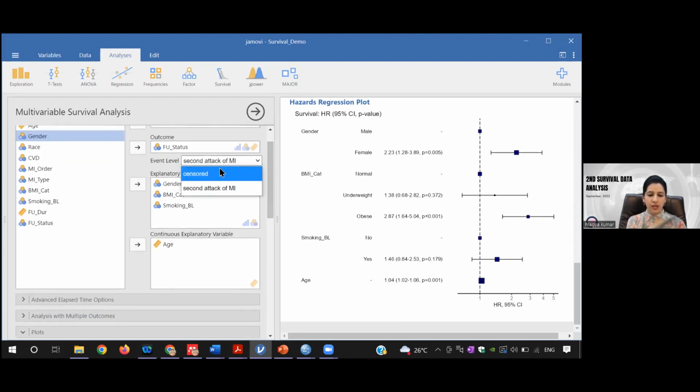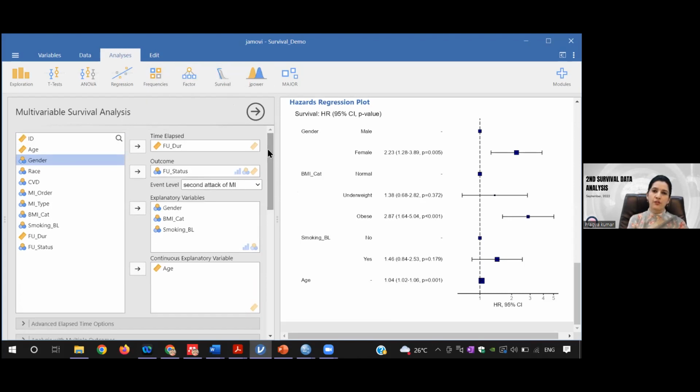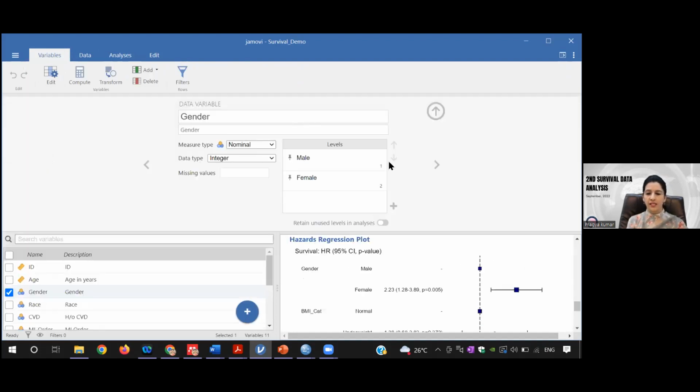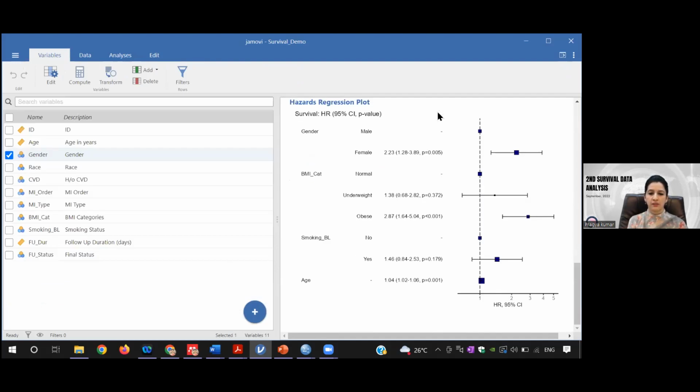The drop down comes only for that. If you want to change it, you have to go to the variable, click the variable gender, and it is 1 and 0. So put it in reverse. Okay.